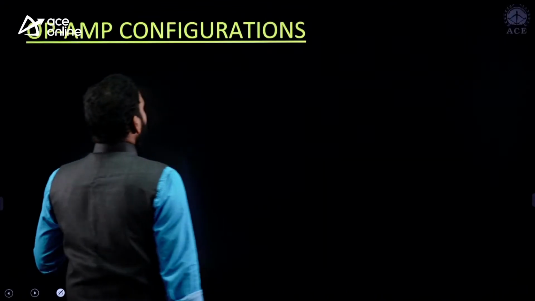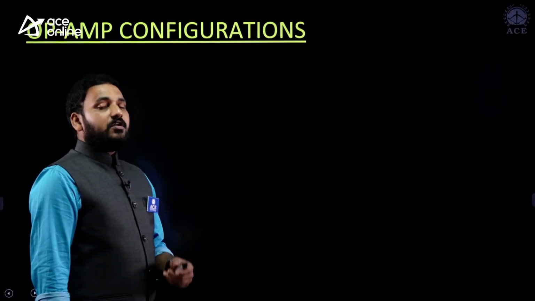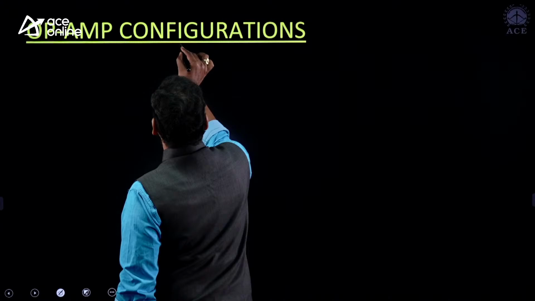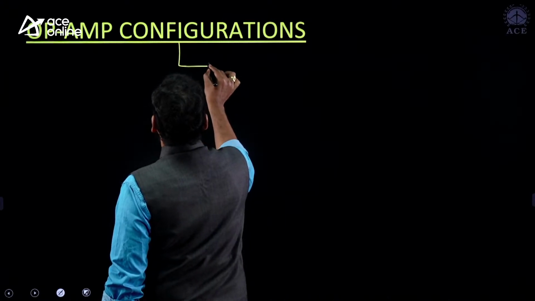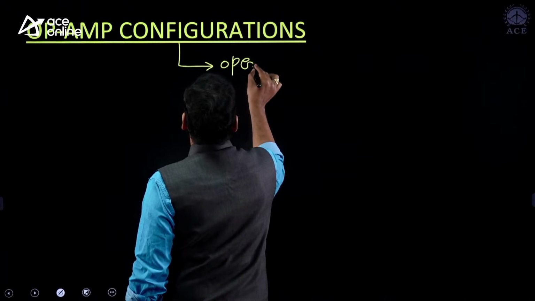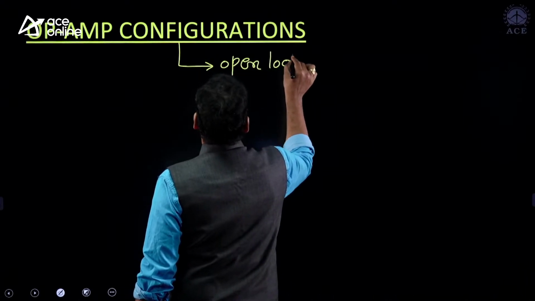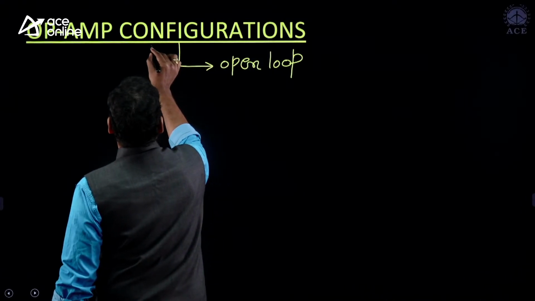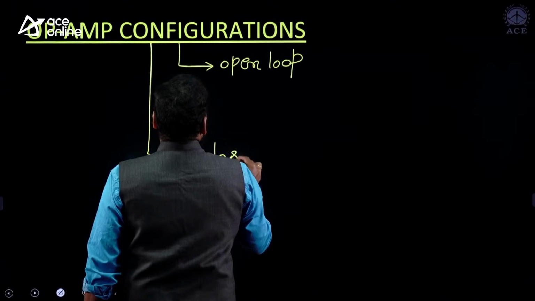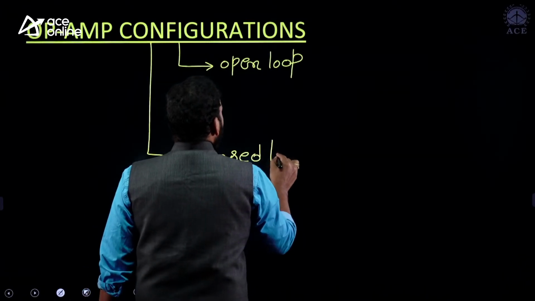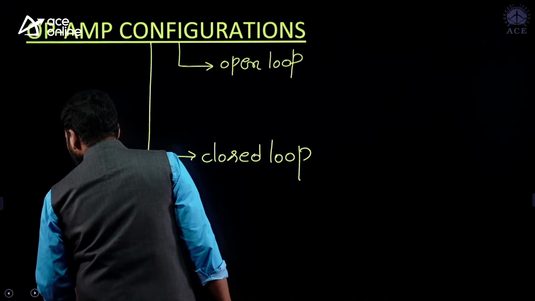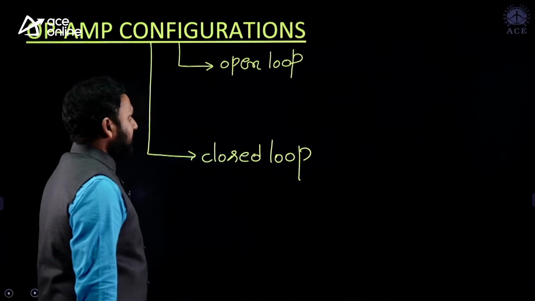And the operational amplifier can operate in different configurations, my dear friends. The op-amp can be operated in 3 different configurations. The broad classification will be open loop configuration and closed loop configuration.